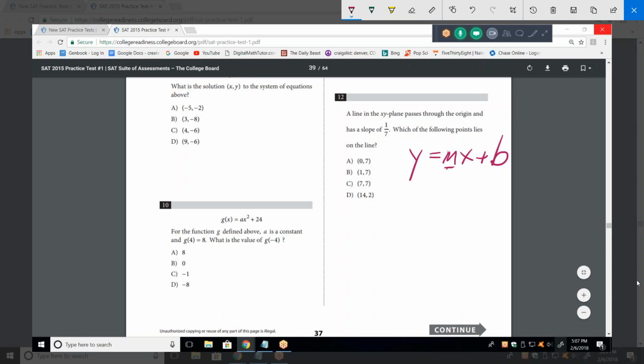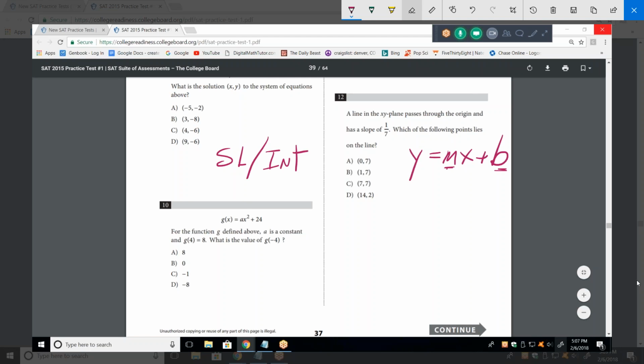B is the y-intercept. This is called slope-intercept format. There's actually 3 different formats. This one's called slope-intercept because you have a slope and you have an intercept.